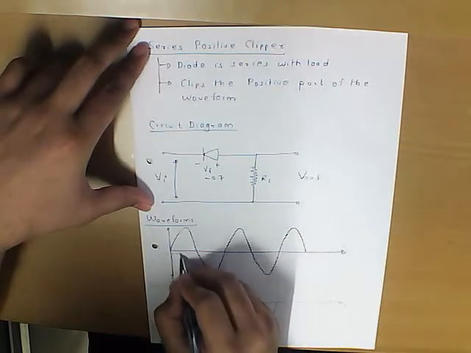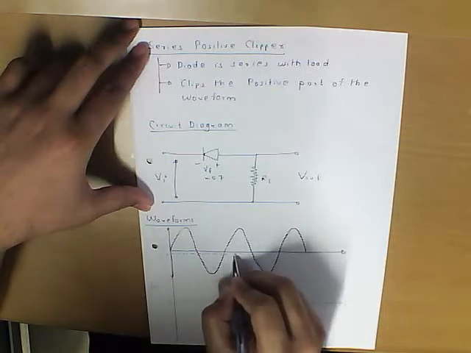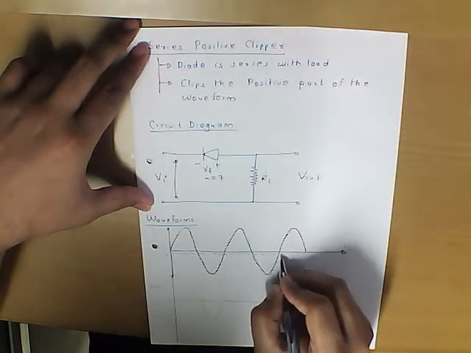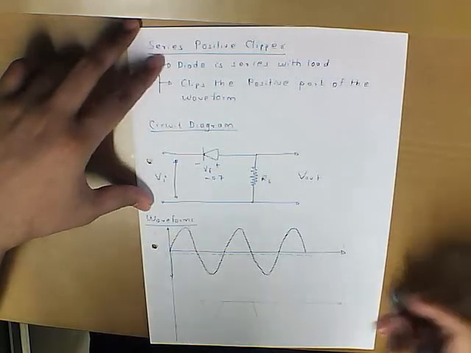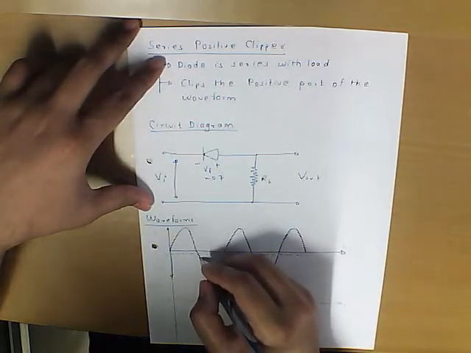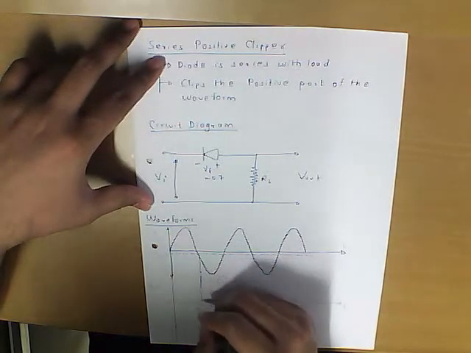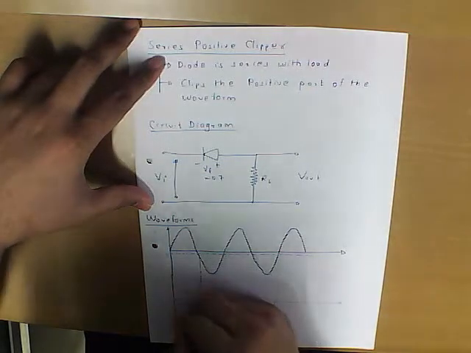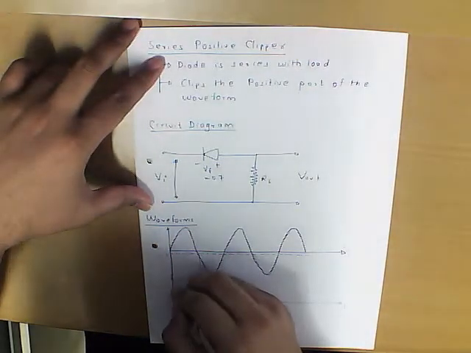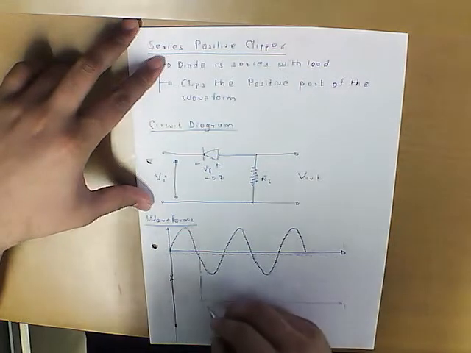So the line is going to be here, and once we project these lines on the output side, what we get here is the output signal.